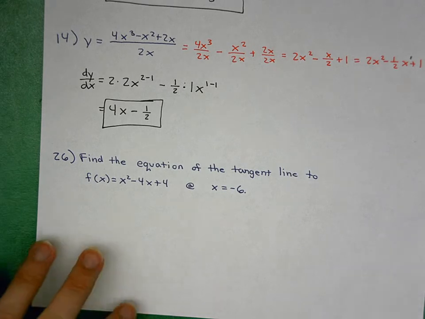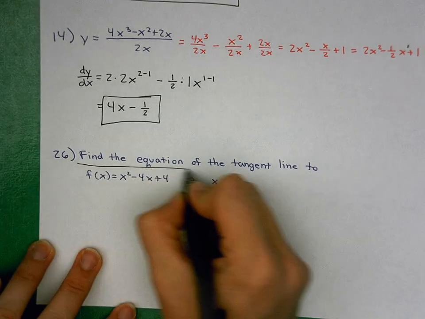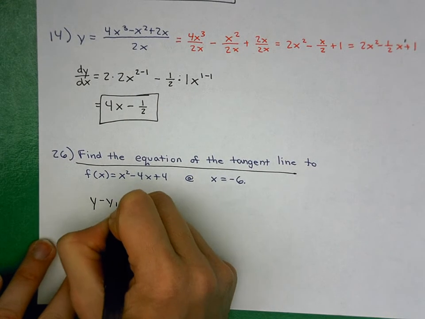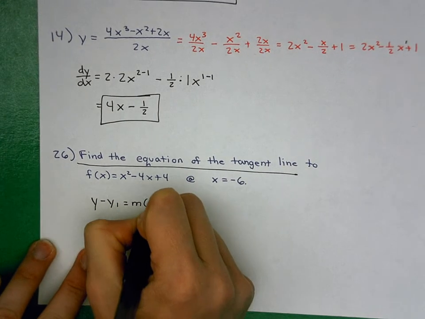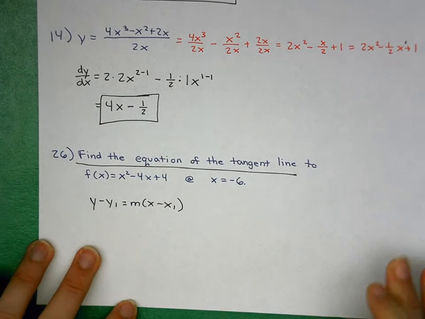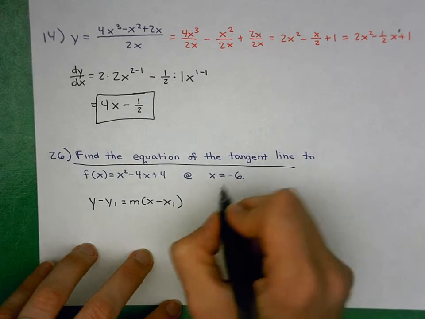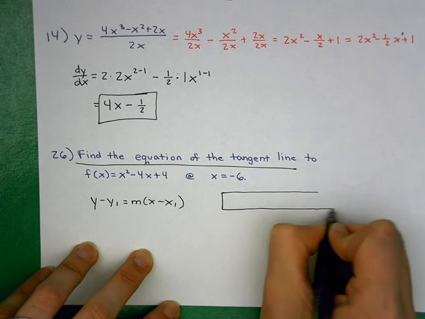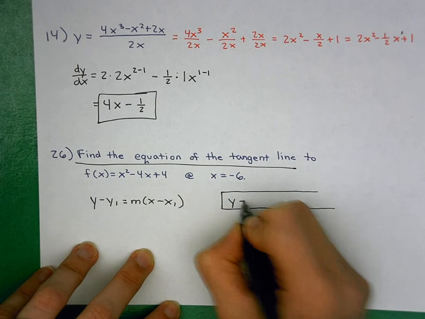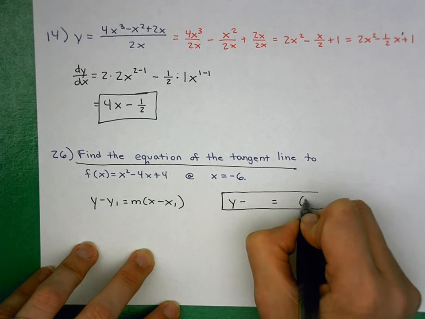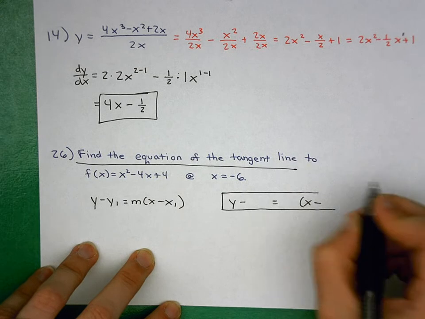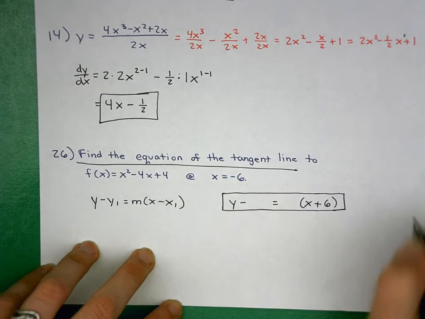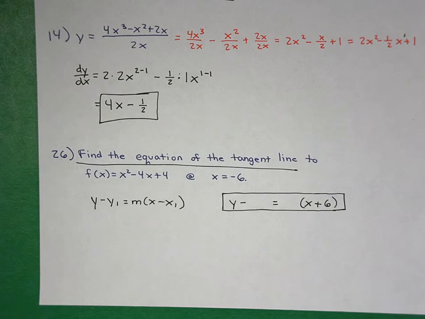So number 26, they ask us to find the equation of the line tangent. So this is from our notes, y minus y1 equals m times x minus x1. Okay, so we're going to go ahead and set this up. My x1 is given, yay. My x minus my x1, minus negative 6, is plus 6. Okay, first up, I need to figure out what is my y1.